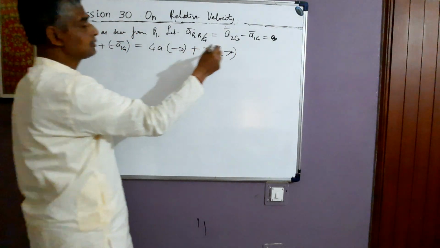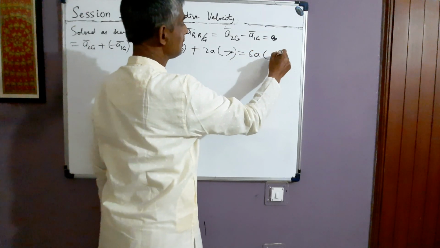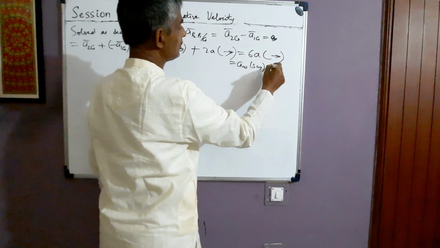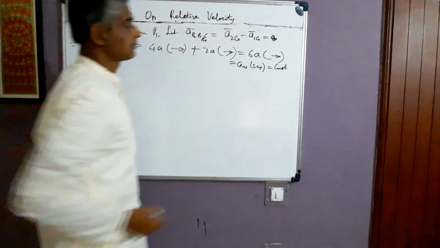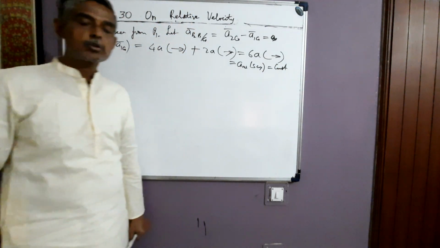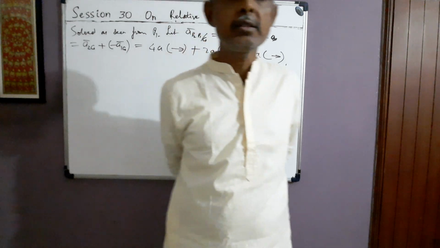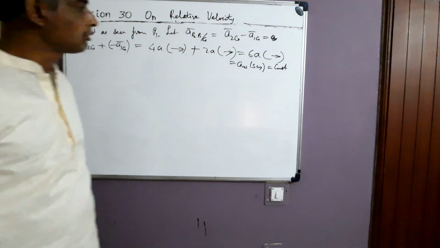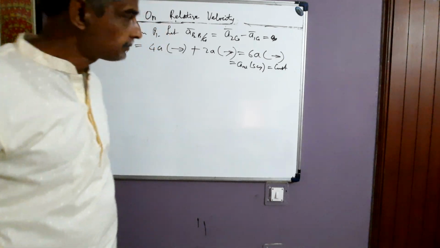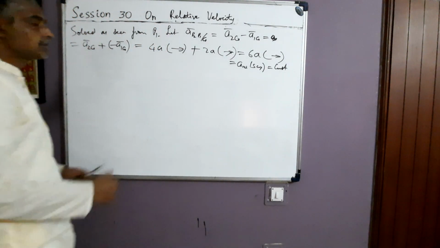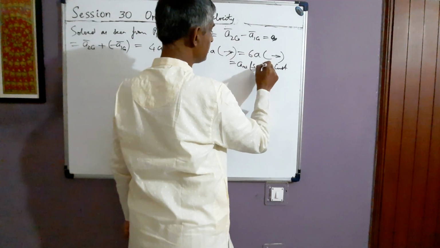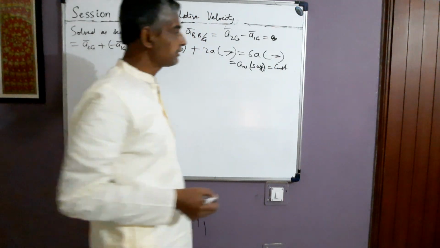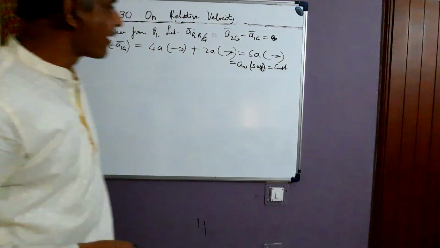The vector sum of 4a right and 2a right is nothing but 6a right. That is a relative, which is a constant quantity. So the acceleration of P2 with respect to P1 is constant, equal to 6a rightward.